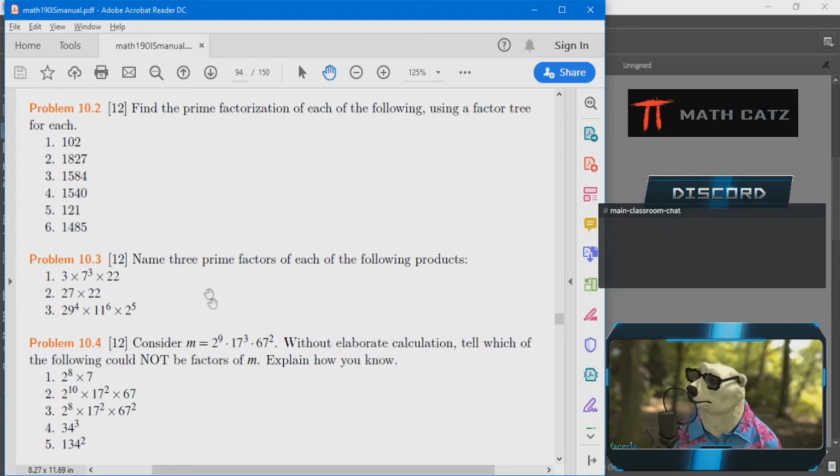Then we can come back to 10.4. Makes way more sense. Not that we have to. Now, I don't want to randomly make a prime factorization one because that's not always going to be as nice as we want. So let me make something that's going to be nice for us.